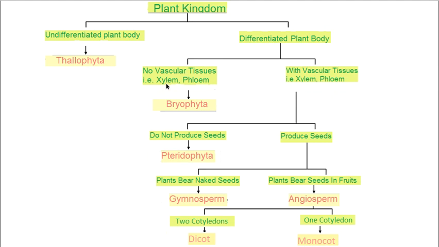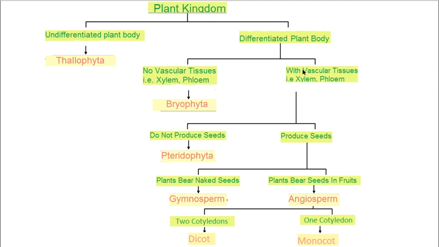Vascular tissue means xylem and phloem. If you have seen my previous video, it will be very clear to you what xylem and phloem are. Now, the plants which do not have vascular tissues but whose body has differentiated parts are kept in the Bryophyta group.